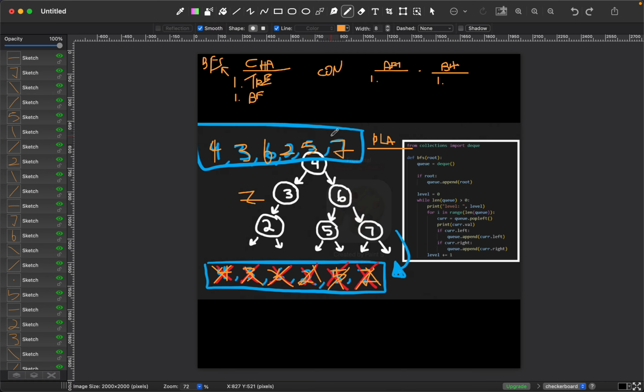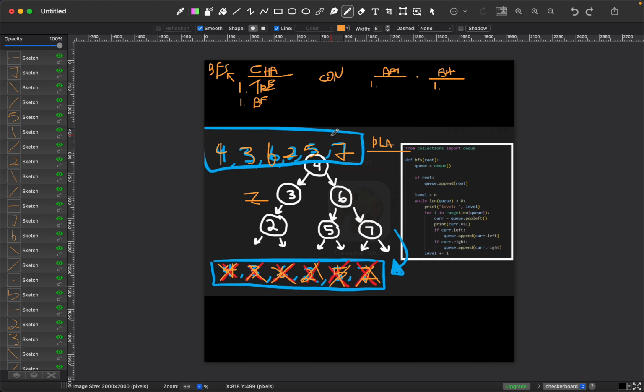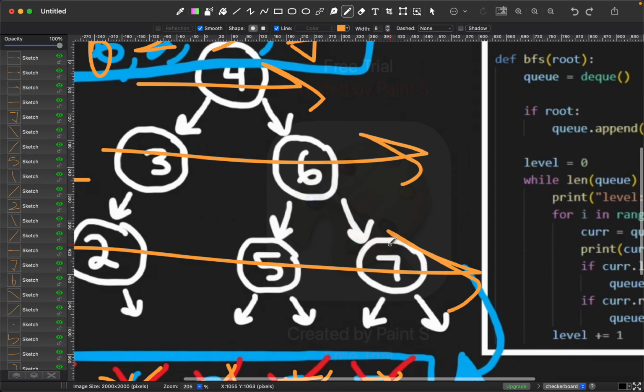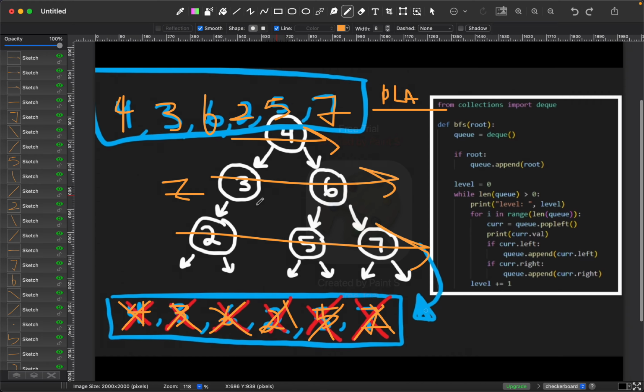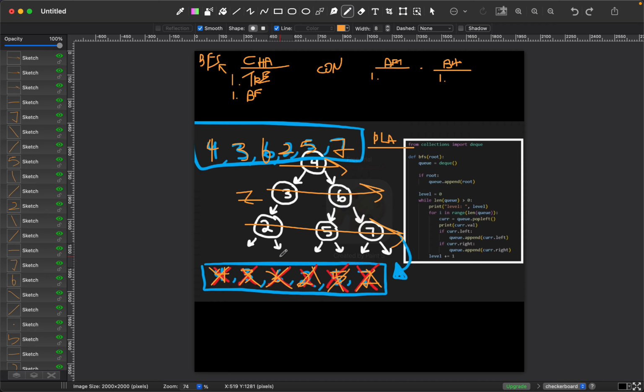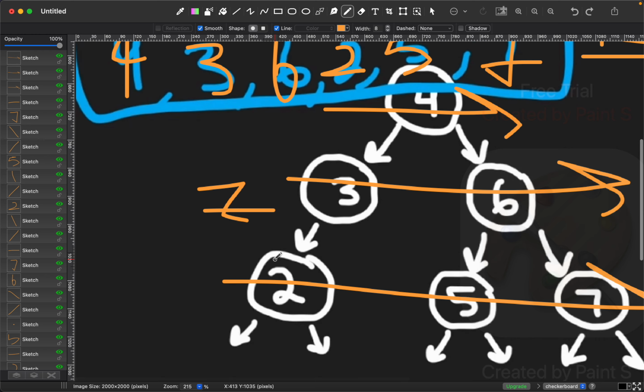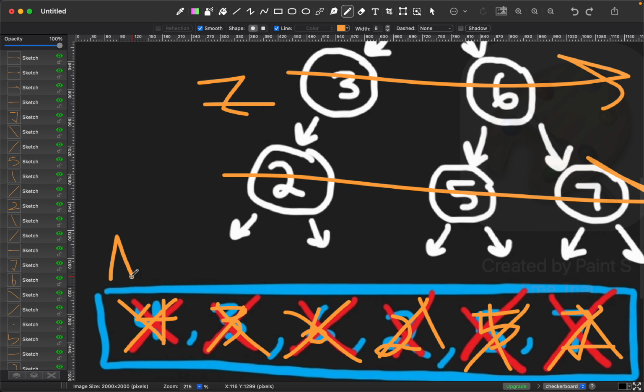What we actually want to talk about over here is that we go by level. As you can see, we go by this level, this level, this level. What Operation Z is actually doing is that there are two moving parts that we are very much concerned about. First is adding the item to the queue and then popping the value from the queue.